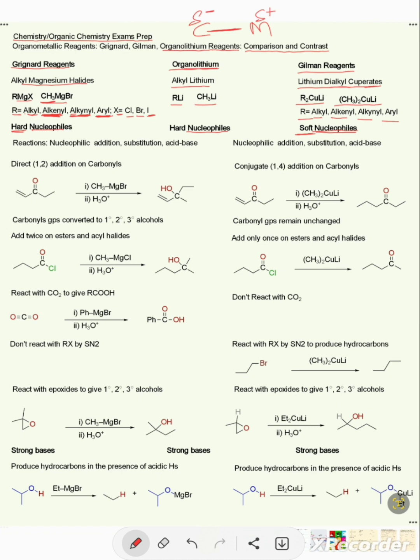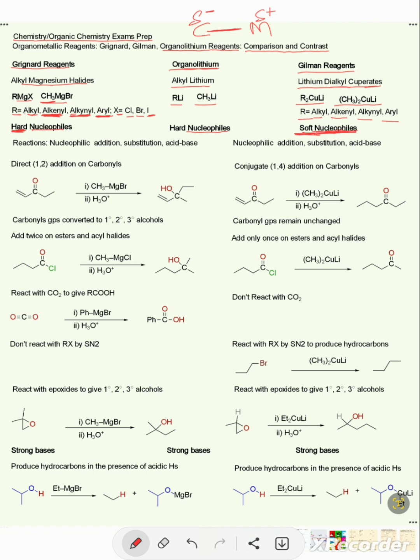But one can understand that the hard nucleophiles would react with the carbonyl groups and the soft nucleophile would not react with the carbonyl group. If you want to have a look at their nature, one also needs to see hard versus soft bases, and molecular orbital theory. I'm sure we will discuss that some other day, but let's continue our discussion here.